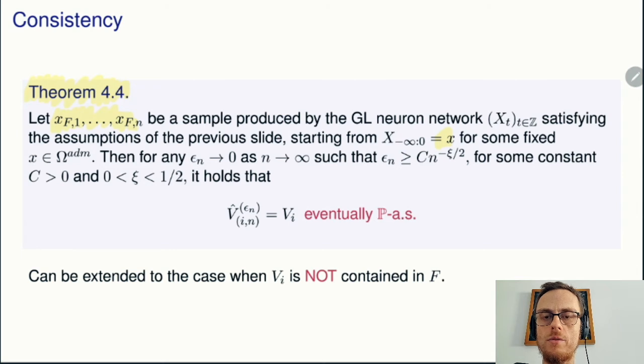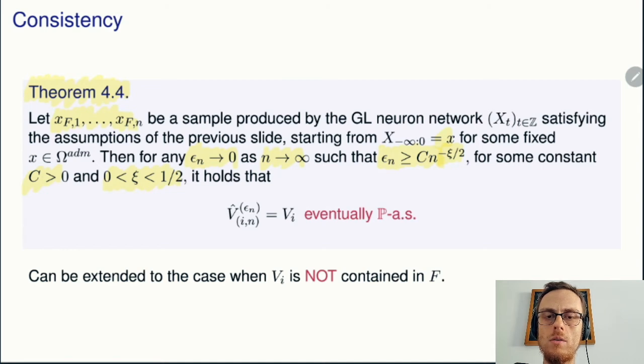Then, for any epsilon n going to 0 as n goes to infinity, such that epsilon n is always larger or equal than c times n to the power psi over 2 for some constant c positive, where psi here is between 0 and 1/2 and is the parameter appearing in the definition of the set Tin.